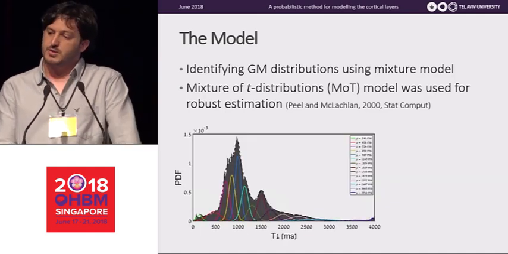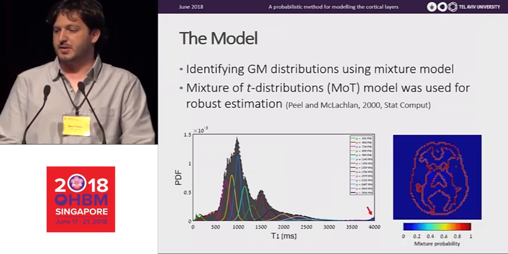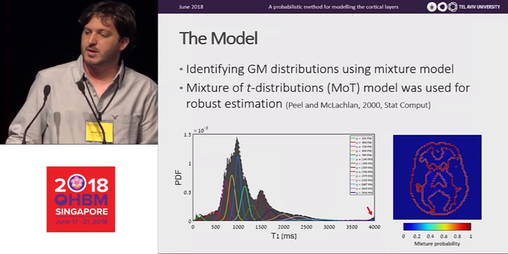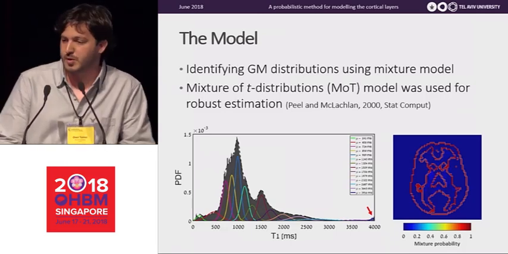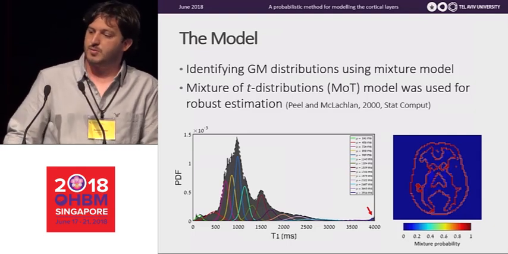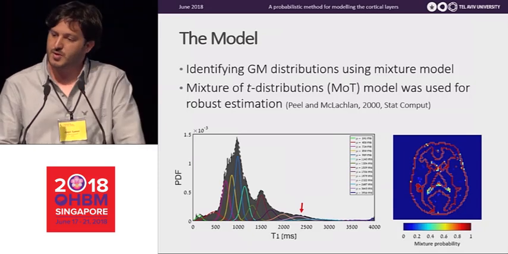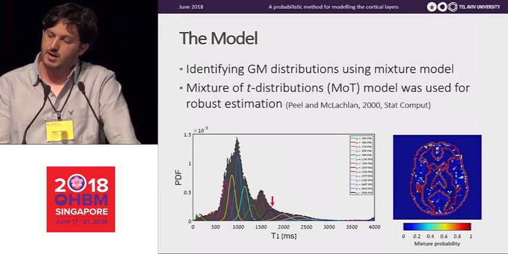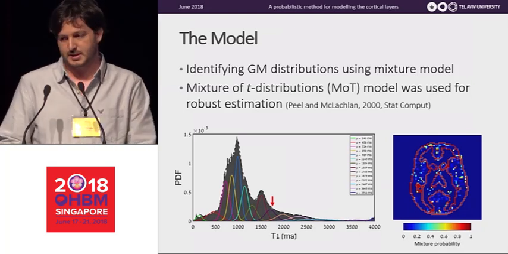And then we wanted to identify gray matter mixture components. If you see this arrow, this is the mixture component on the right. You can see it has a very low probability in the cortex. As we continue along, we have what look to be CSF mixture components. And here we get to what we found was a gray matter dominant mixture component.